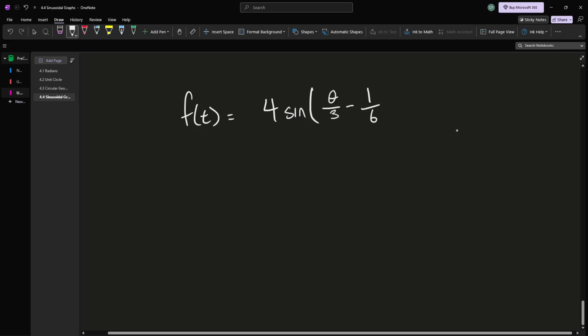My handwriting's not good. A lot going on here, but let's slowly break it down.